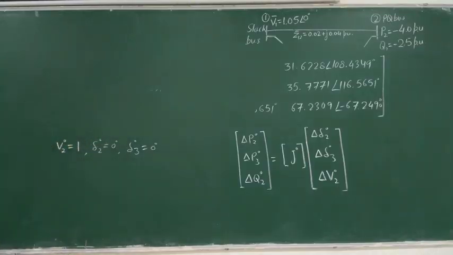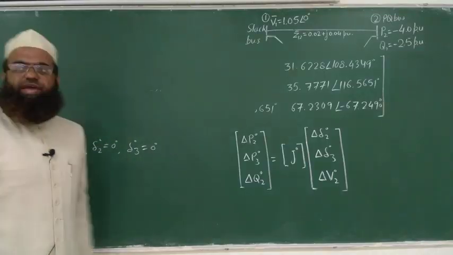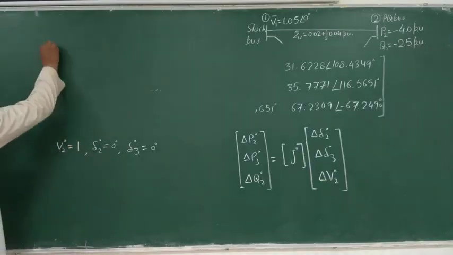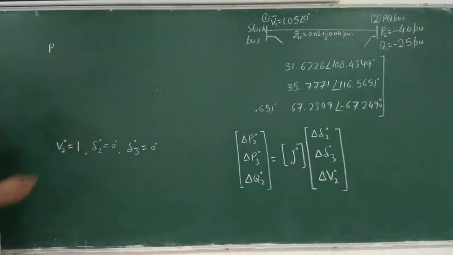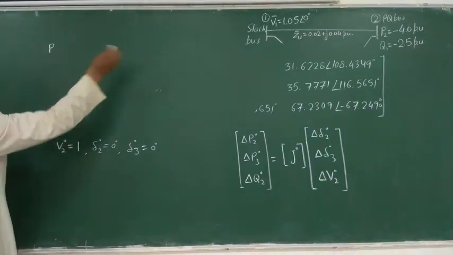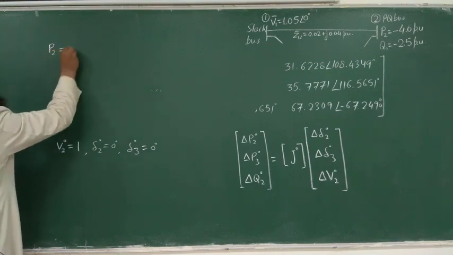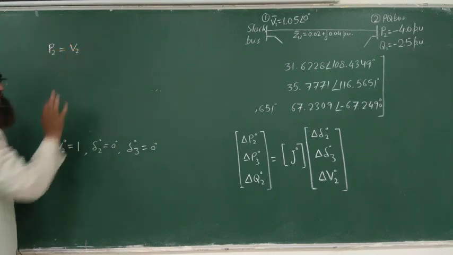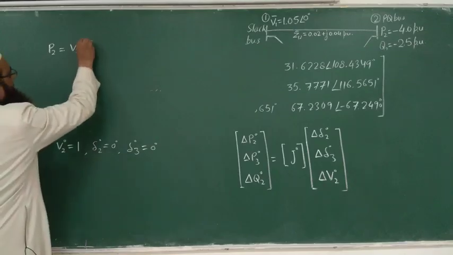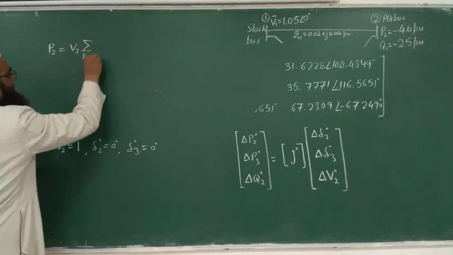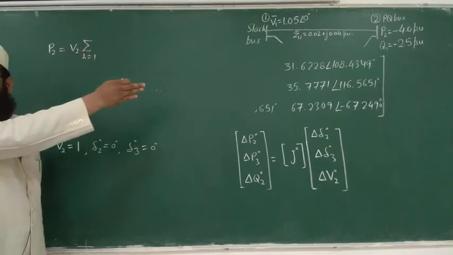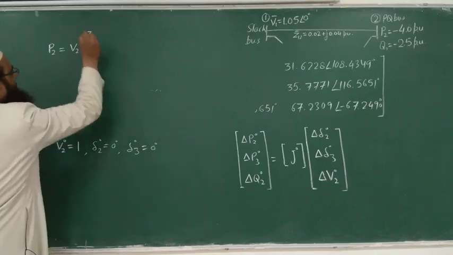So you know the general formula of P and Q as Pi. Okay, for bus number 2, I will be 2. So here you used to write Vi, right? And K is equal to 1 to N, N is the number of buses. So 3 is there.